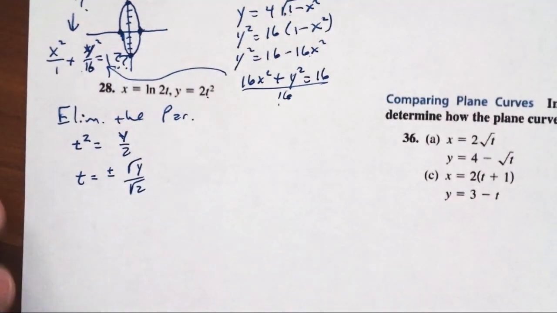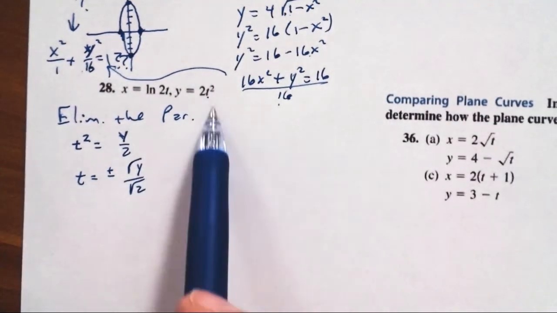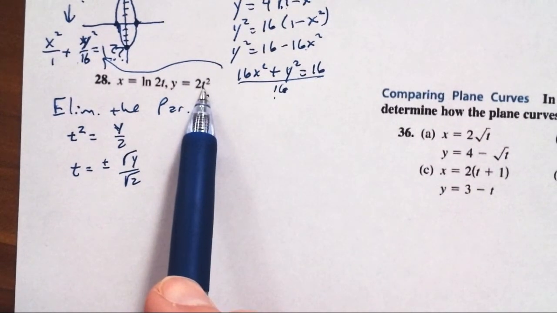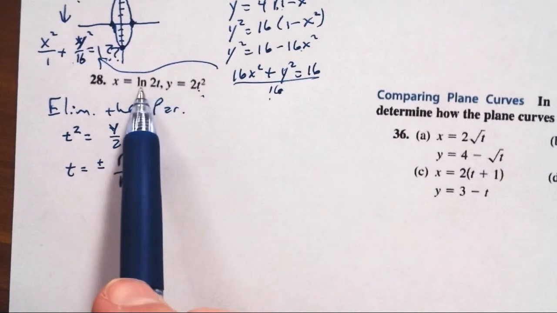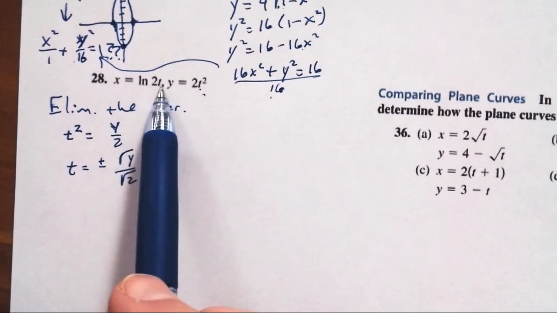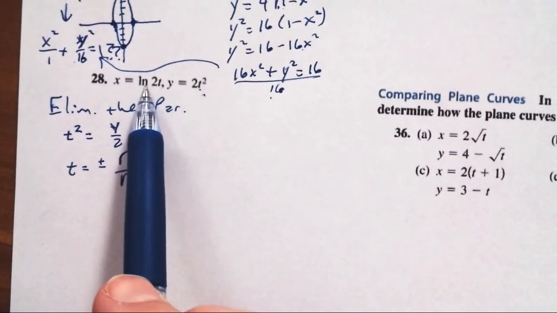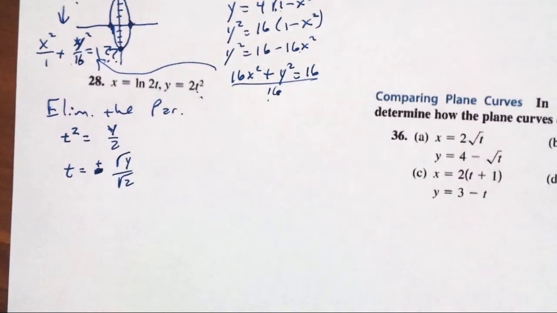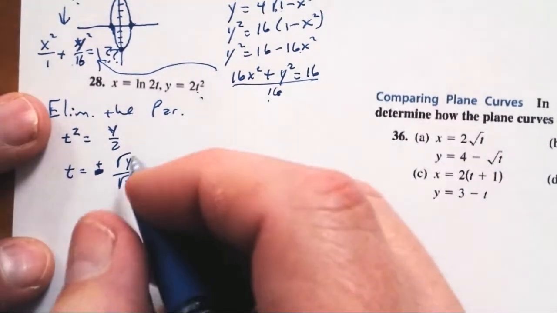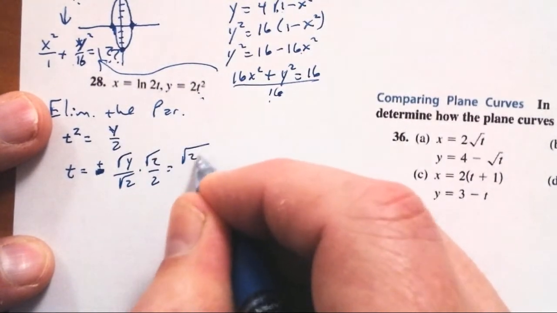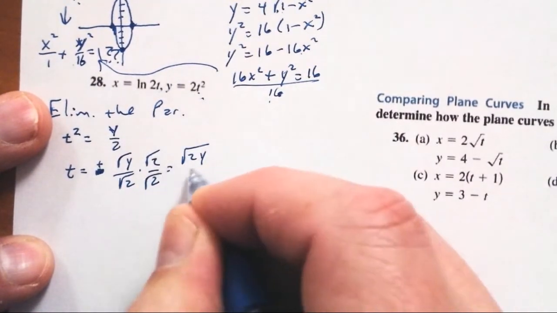And then I want to think about that one for just a minute. As I look up here, I can put any value I want in for t. Zeros, positives, negatives. Over here, though, I can't take ln of 0, and I can't take ln of a negative. So the only acceptable values for t are when t is positive. So I'm going to remove that little negative. t is just square root of y on 2, which if we like becomes square root of 2y on 2.